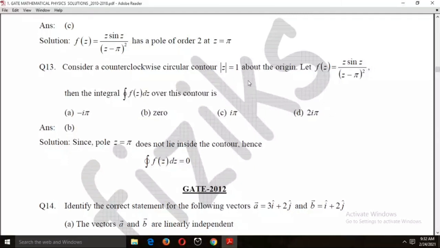Since mod of z equal to 1, the center of the circle is the origin, the radius will be 1, and z equal to pi will be outside of the circle. So from the method of residue, this integral will be 0.